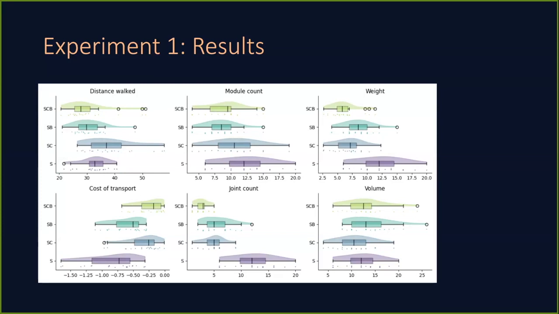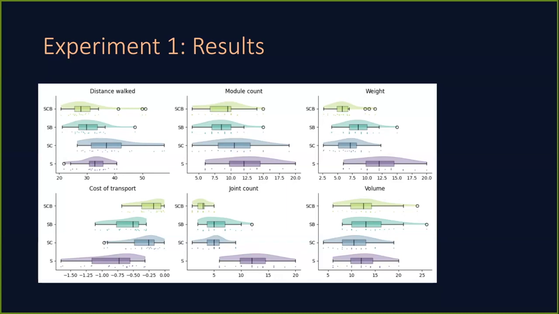Some things we discovered by looking at statistics from running these 4 combinations for 20 evolutionary runs was that there was not so much difference in the distance walked, the maximum fitness, for the different combinations, but that the combinations with structural modules had lower cost of transport.